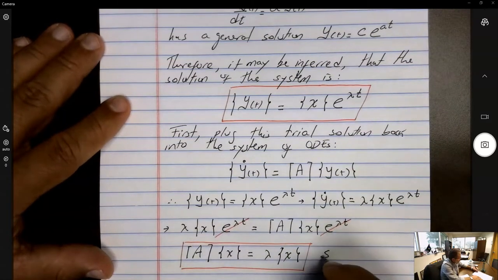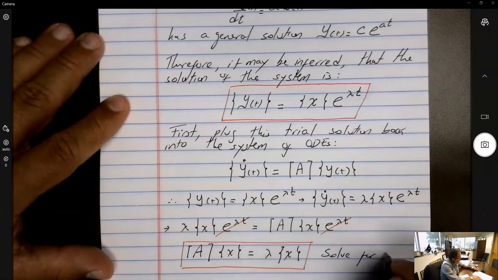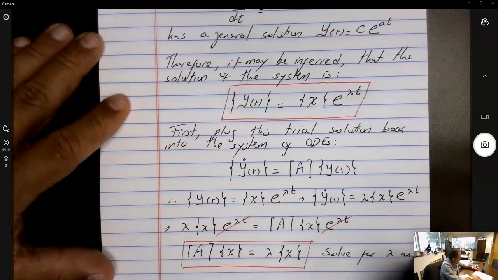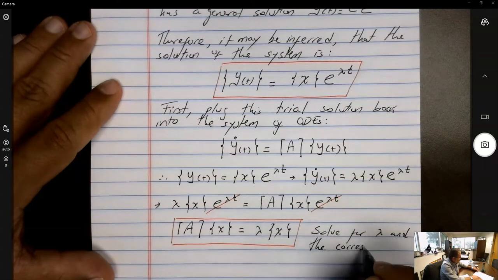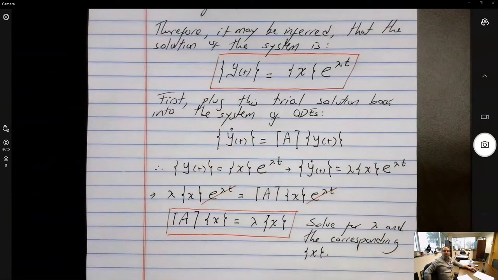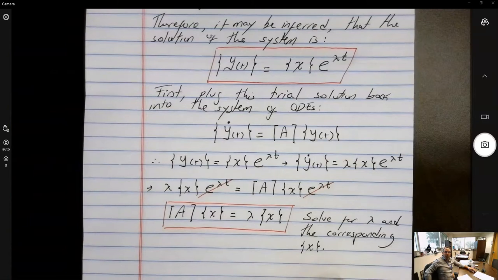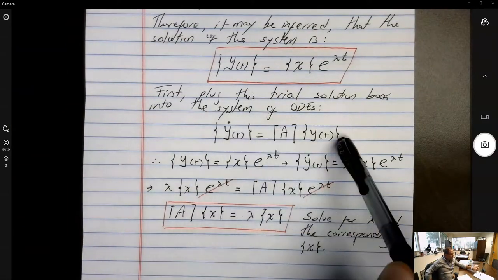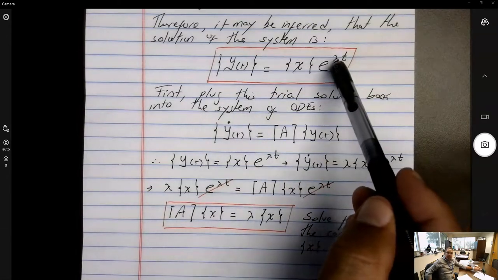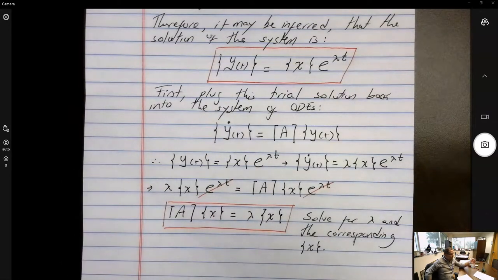So solve for lambda and the corresponding x's. So see what I'm saying here, or what I'm trying to do is, we formulated that the solution of the system could actually be like this, because we know that a single equation will have an exponential type of solution.